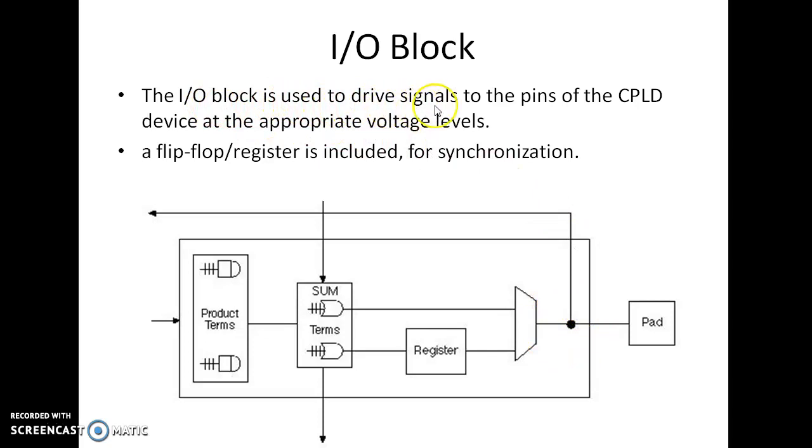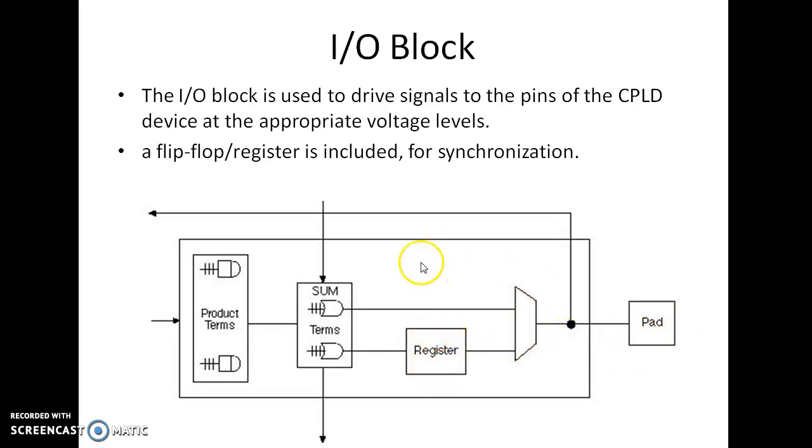The I/O block is used to drive the signals to the pins of the CPLD at appropriate voltage levels. So if the voltage levels are very low, these I/O buffers would help. Suppose during transmission the voltage is 4 volts, and the actual voltage is 5 volts; to regain that voltage we use I/O blocks. And also a selection scheme is there to select whether the data is to be transmitted to the pin. Pad is nothing but a pin, right? And whether it has to be stored in the register.